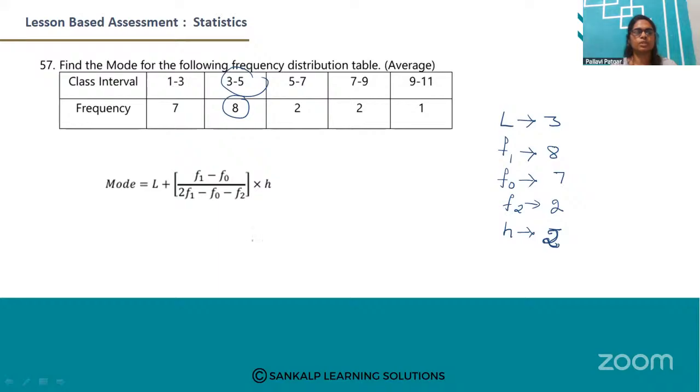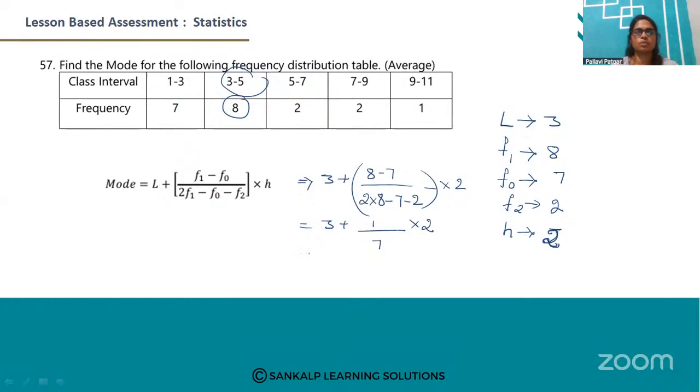Substitute the values. So this becomes 3 plus (8 minus 7) divided by (2 into 8 minus 7 minus 2), into H. H is 2. So this is equal to 3 plus 1 divided by (16 minus 9) is 7, into 2.